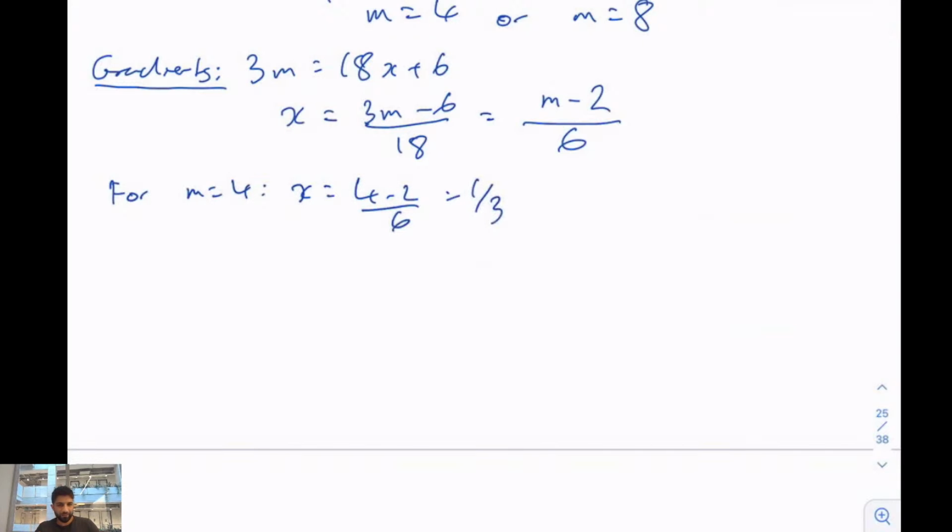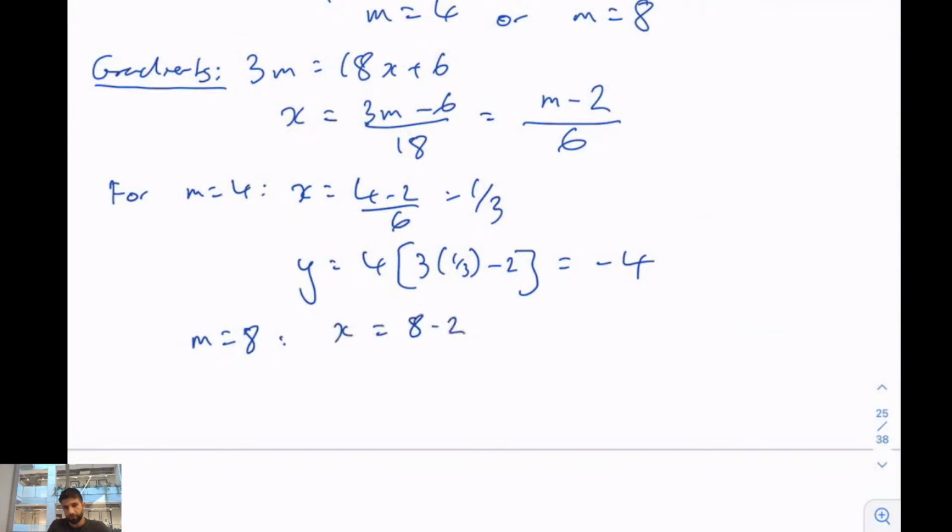Having found the x value, you can find the y value by substituting into the equation. So this is m(3x - 2). That gives you minus 4. And then when m equals 8, you can find x to be (8 - 2) over 6.